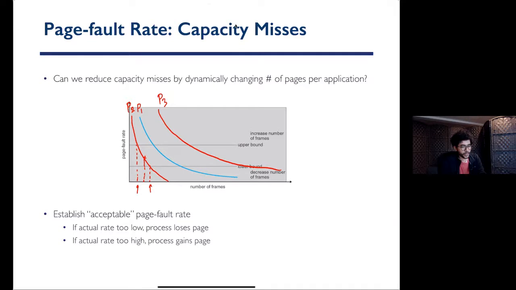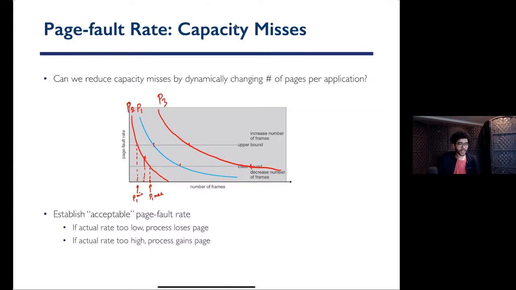So the maximum you need to give it is this P1 max, and the minimum is P1 min, for example. So these are how much memory you have to give your application to make sure that your application's page fault rate is within the desirable range. And this could be different for different processes, depending on their characteristics. You know, how much memory they need could be different.